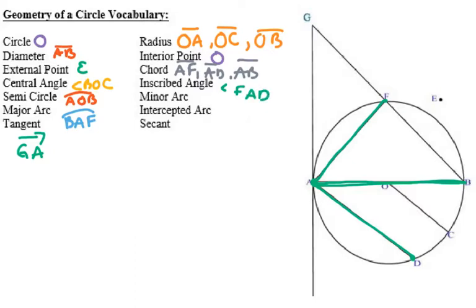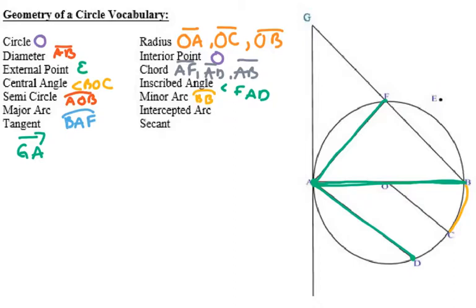Now our minor arc is going to be any arc that's less than 180 degrees. So for this one, I could say, for example, arc BC is going to be considered a minor arc because it is going to be less than 180 degrees.